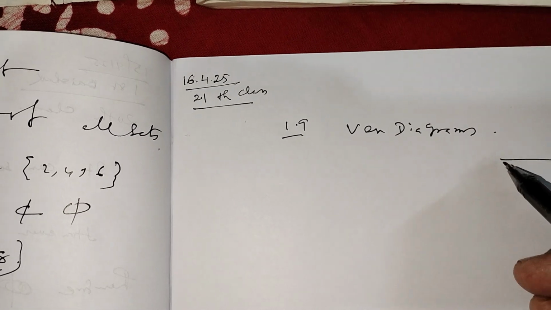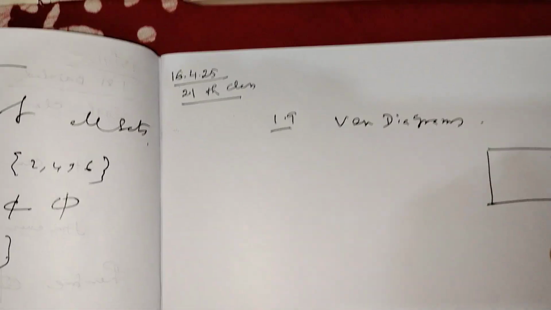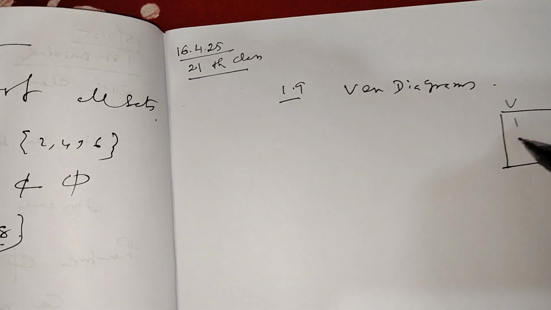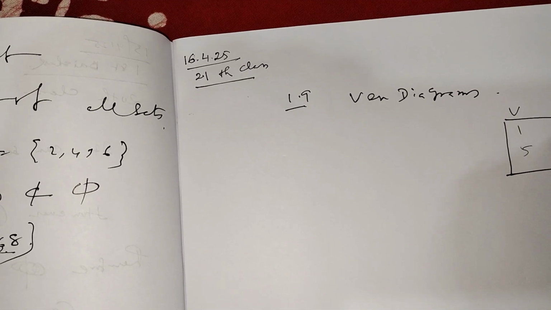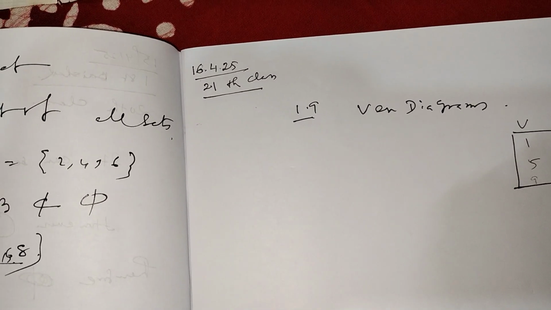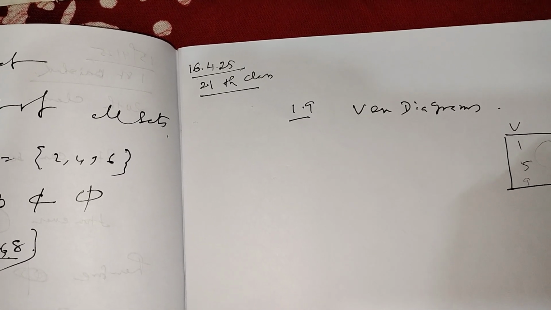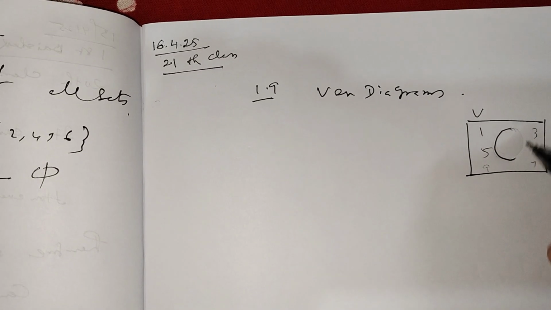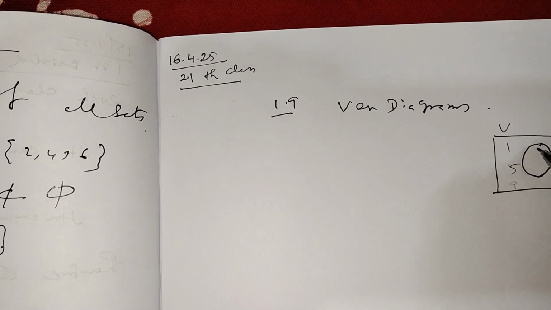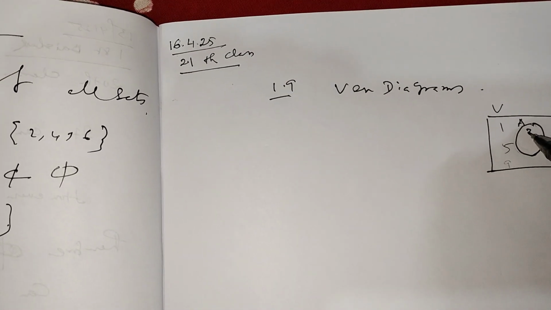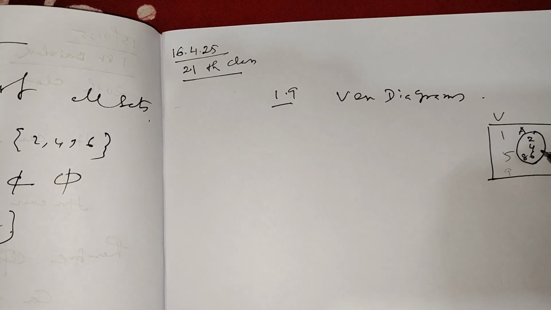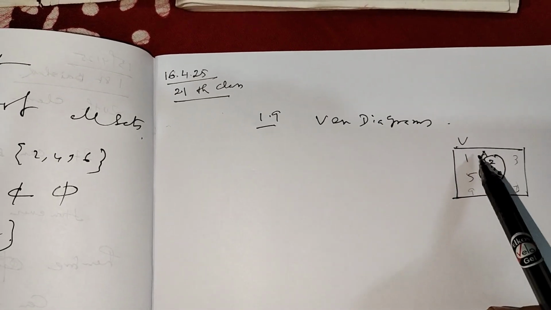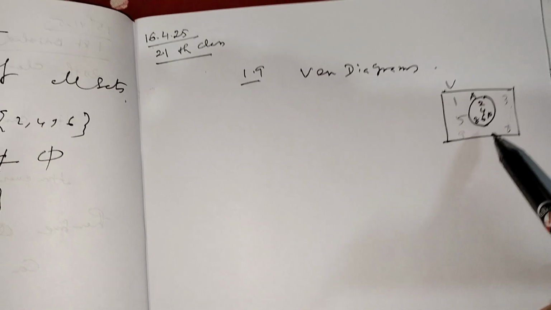It is a rectangle, the universal set: 1, 2, 3, 4, 5, 6, 7, 8, 9, 10.